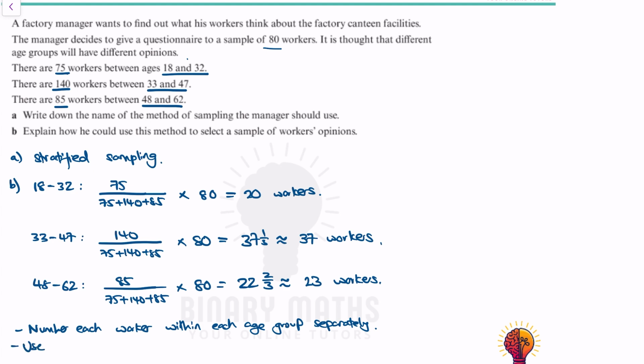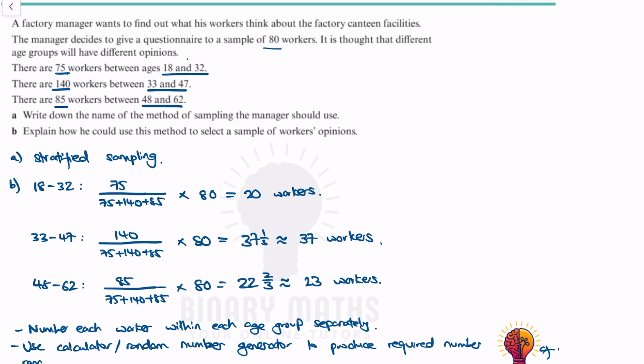Okay, use a calculator or random number generator to produce the required number of random numbers from each age group. Ignore repeated values within each age group.